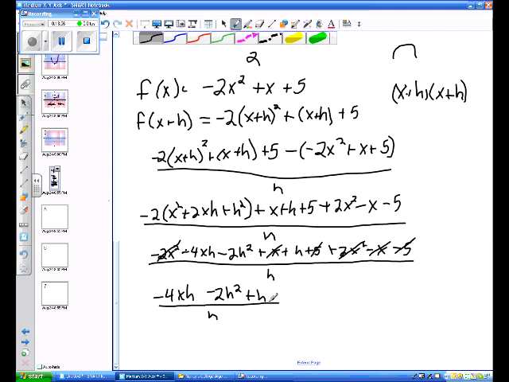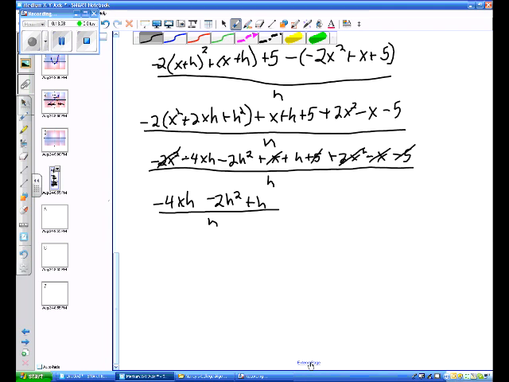Now, we want to simplify this, and we do that by factoring. Remember, you never cancel until you factor. Well, all of these have a common factor of h. So that's h times negative 4x minus 2h plus 1 all over h.